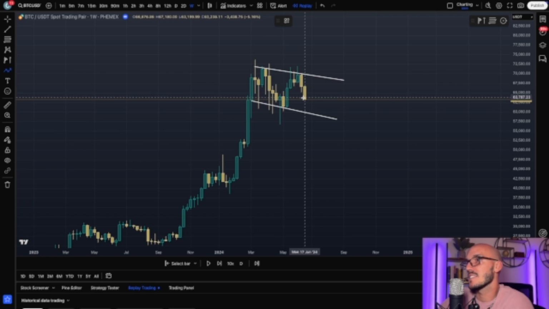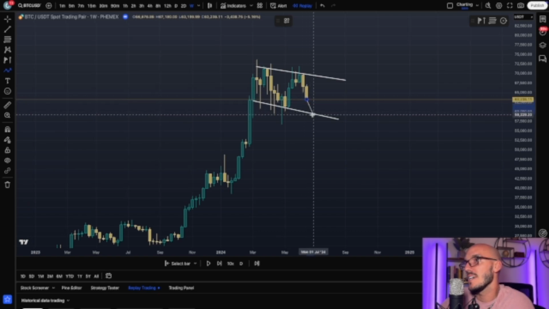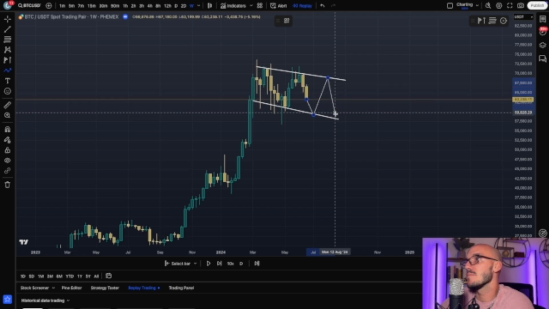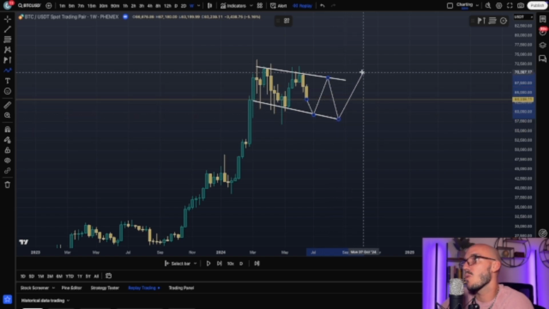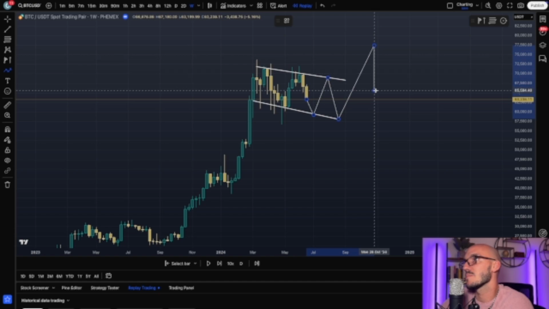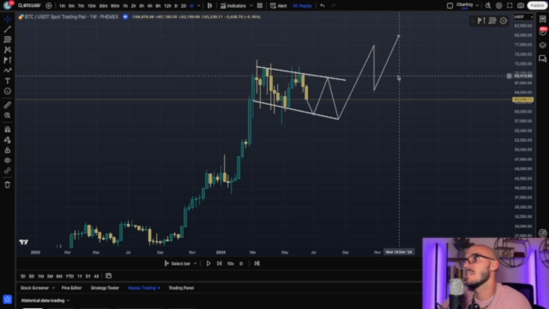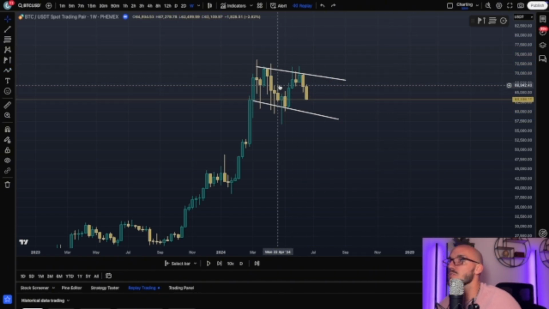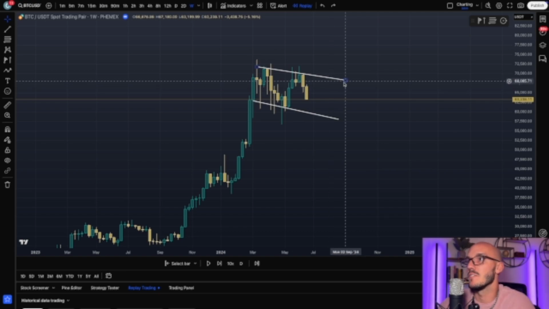We could expect price to come down, hit the support of this channel, come back up, maybe come back down, and then eventually it's going to have to break downwards, or it's going to have to break to the upside. Okay? It's going to have to do one of those two things. It can't trade sideways forever. It's going to have to pick a direction.